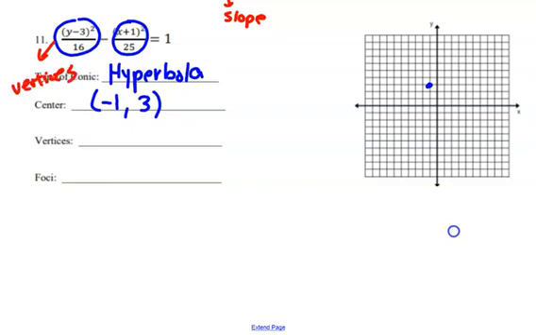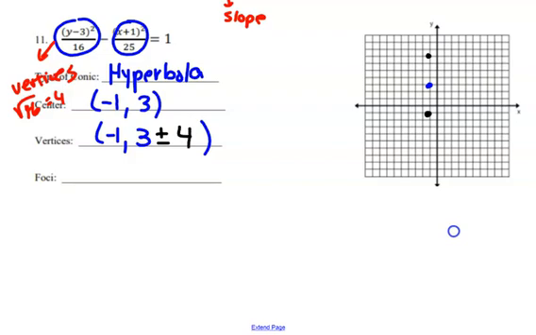But this determines the vertices. This time it's the y's, and we're going to go up, down, square root of 16, which is 4. So my vertices come from going up 4, 1, 2, 3, 4, down 4, 1, 2, 3, 4. So that affected the y's. So I'm going to add and subtract the square root of 16, which is 4.